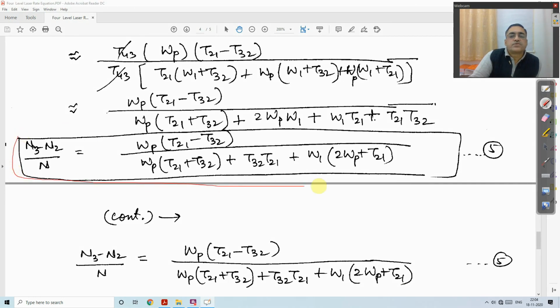Now you see we obtained the fractional population inversion density ratio as this, and we have taken together the term involving W1. The rest is there.